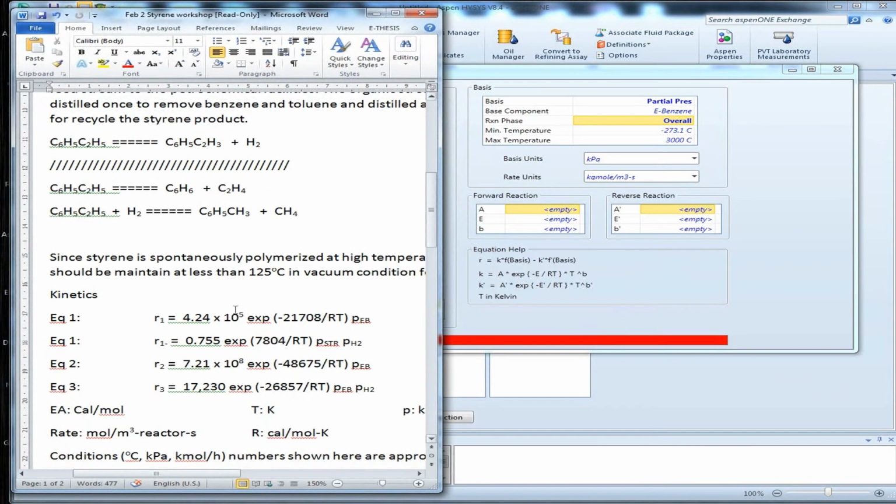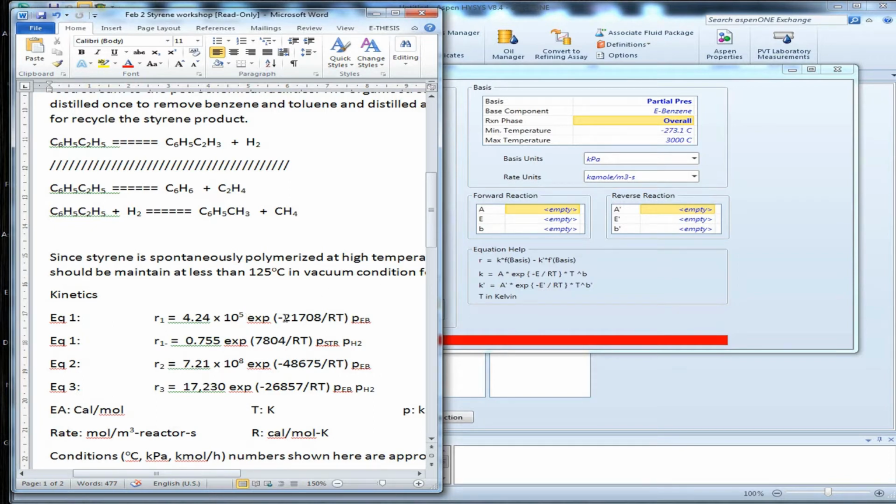Okay, so let's do the first one. The pre-exponential rate constant A here should be 4.24 times 10 to the power of 2 after dividing by 1000.